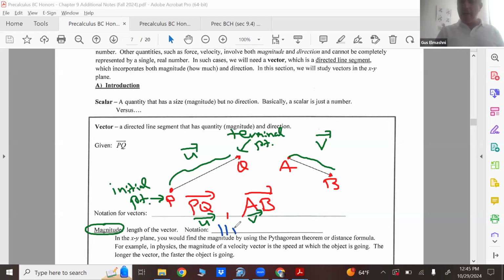It's like a double absolute value, if that makes sense. Or you could do it like this. So just so you're familiar with the notation, it looks like a double absolute value, and that means distance or length. And for the other one, you'd write like this.